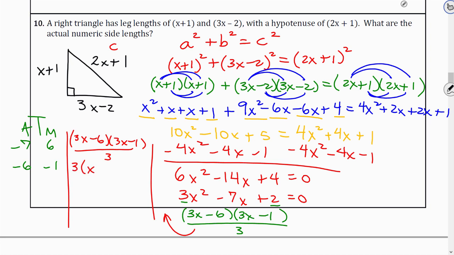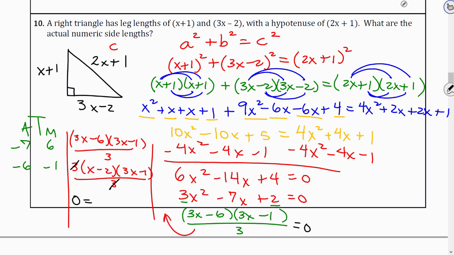And I have x minus 2 and 3x minus 1 divided by 3. Now this 3 and this 3 cancel. So you can factor things out in front, but not things inside of binomials. And I'm left with, again, don't forget that it's equals 0.